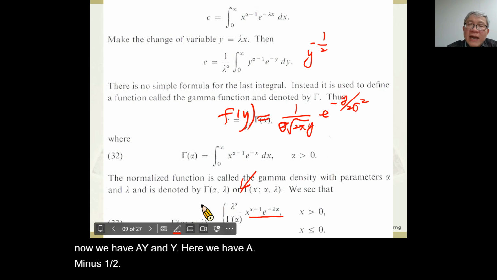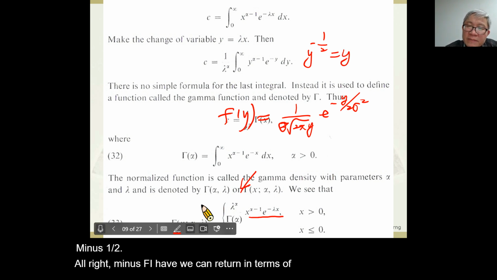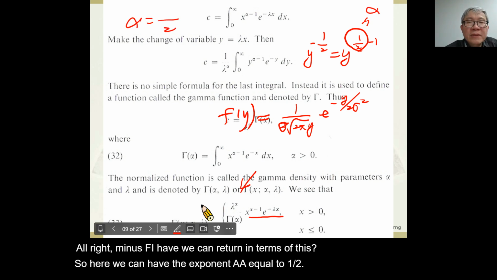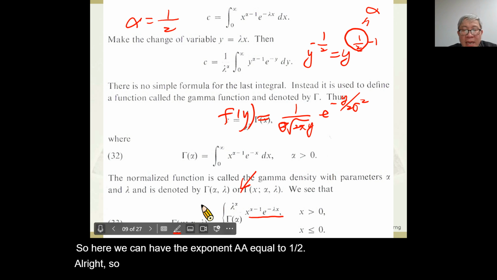Alright, minus a half we can return in terms of this. So here we can have the exponent alpha. Alpha is equal to a half. Alright, so alpha equal to a half, and we still have lambda.